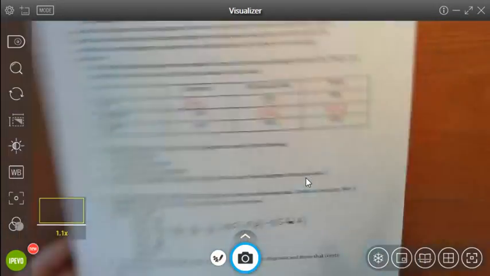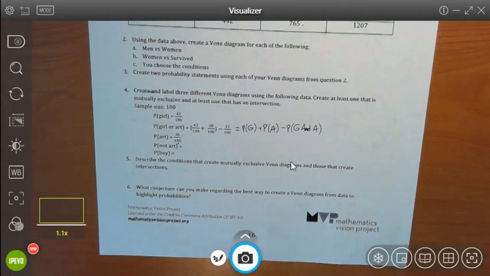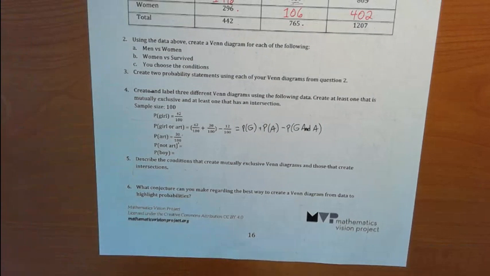Let's flip back to the front and wrap up our last few questions here. So if we are thinking about number 5, describe the conditions that create mutually exclusive Venn diagrams, and those that create intersections.